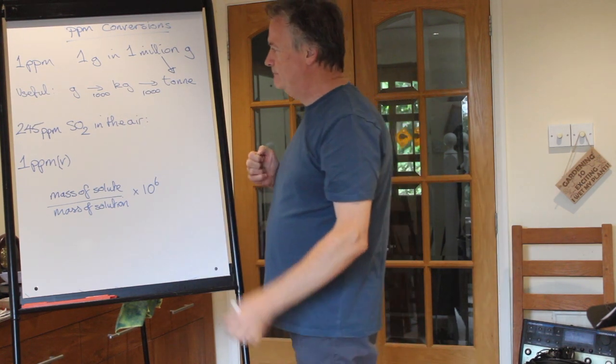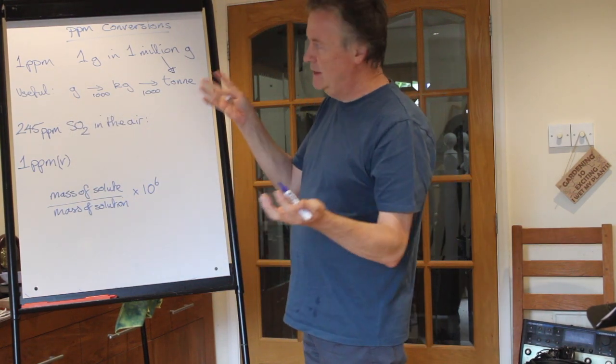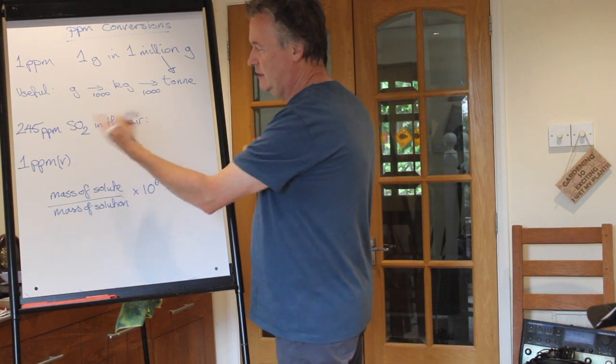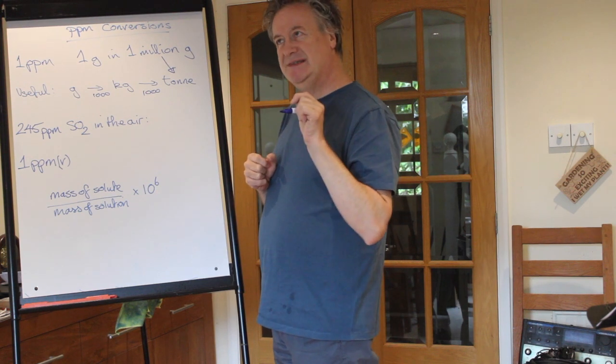Hopefully you can. So when you look at something that says 245 parts per million, this is an example of sulfur dioxide in the air. What does that actually mean?